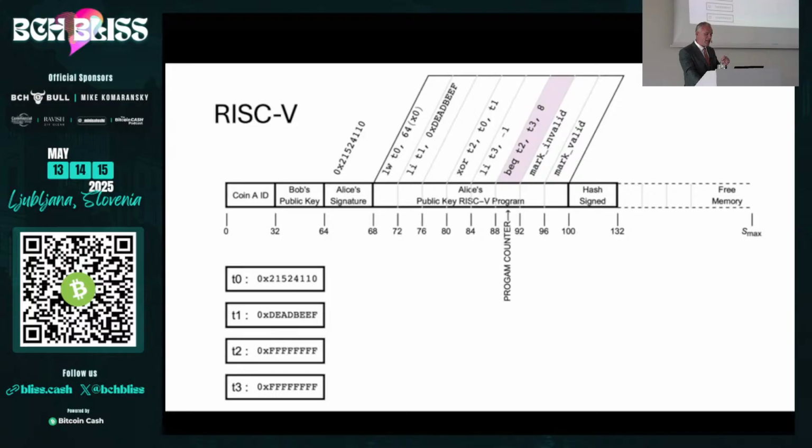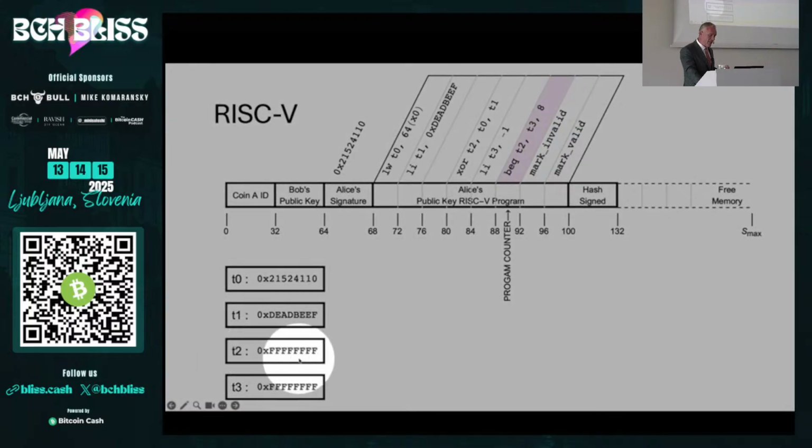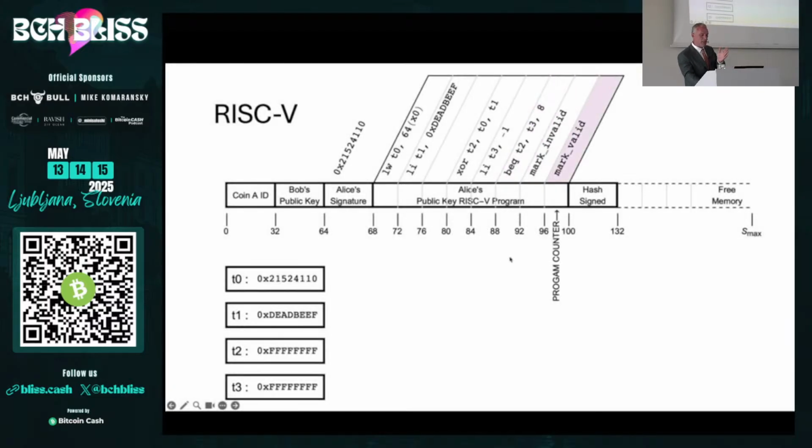So if T2 equals T3, then it's going to add 8 to the program counter. So the program counter increments by 8, and it skips over the mark invalid. It hits the mark valid instruction, and it makes the transaction go green, and it enters mempool as normal, and then the RISC-V machine resets for the next cycle.